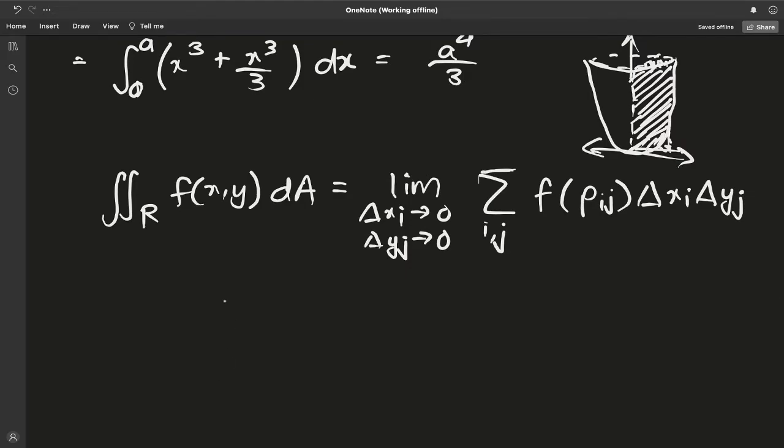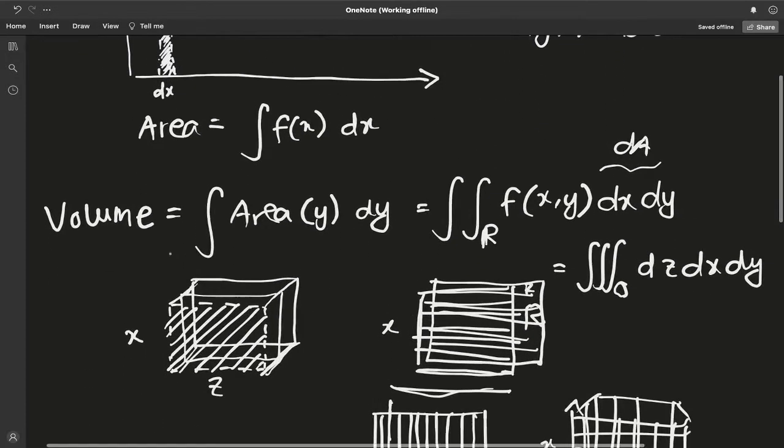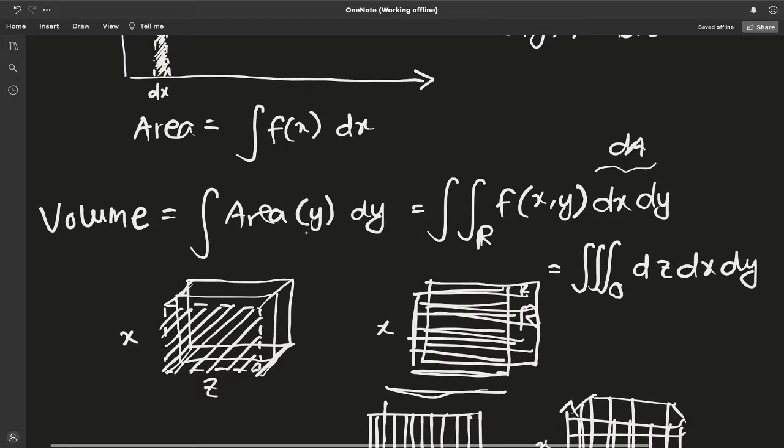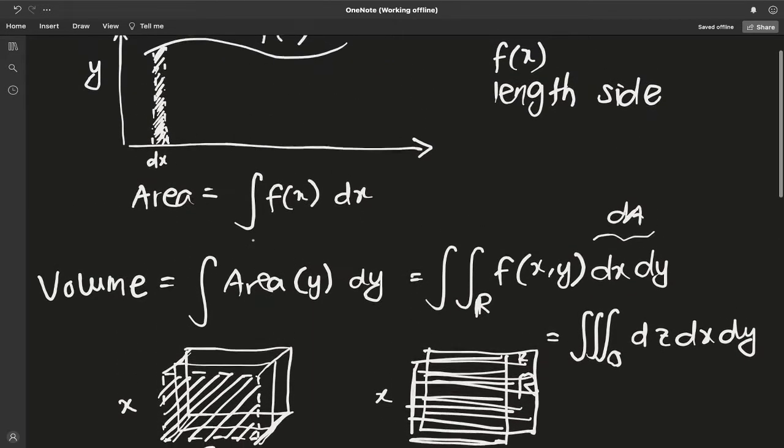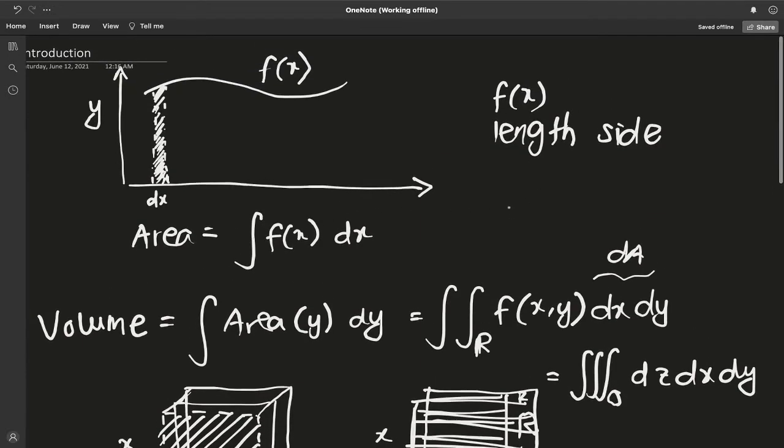Okay, so by this logic, if you integrate some function over some area, you get a volume, where again the function represents, or should I say, to be more specific, a scalar field, always represents this length element. So length element times area will give you a volume.